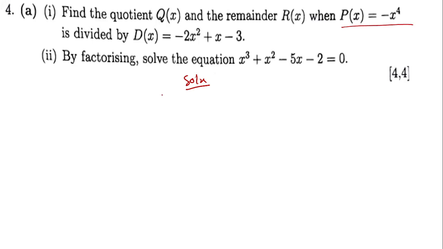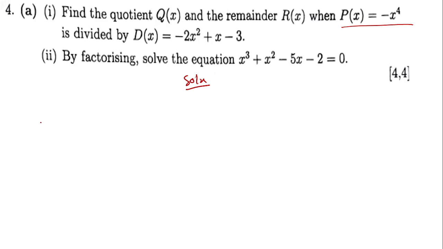So for this question, it's also an easy question and a walkover. So what you're going to do is you're going to write your p(x), which is equal to negative x to the power 4. Remember, this negative x to the power 4 doesn't have the friends, isn't it?